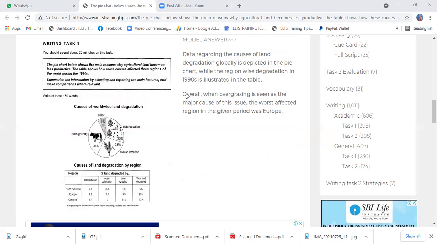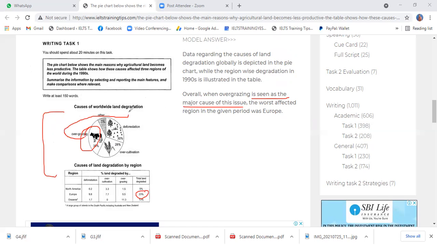Now what you can see is the overall picture, the overall story here. Overall, overgrazing is seen as the major cause of this issue, and the worst affected region in the given period was Europe. You can say overgrazing is seen as the major cause of the issue.